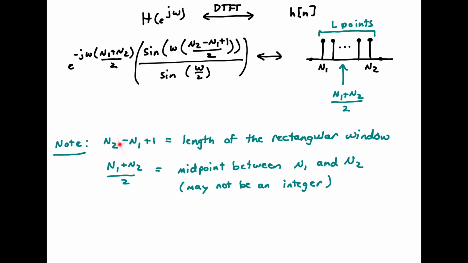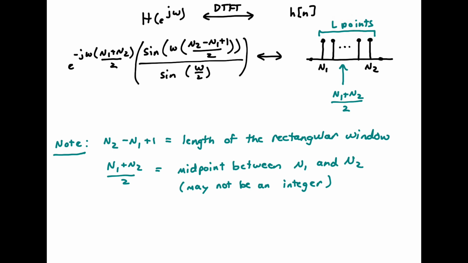Well, n2 minus n1 plus 1 is the length of this rectangular window. If n1 were 1 and n2 were 3, then that would span 1, 2, 3. That's a 3-point window, so that would be 3 minus 1 plus 1. So this n2 minus n1 plus 1 is the length of the rectangular window, and we could call that L.